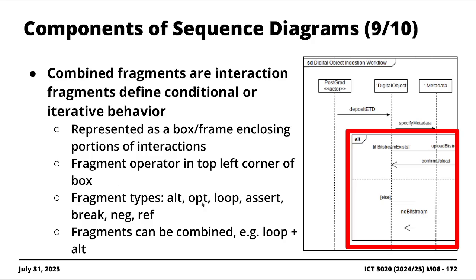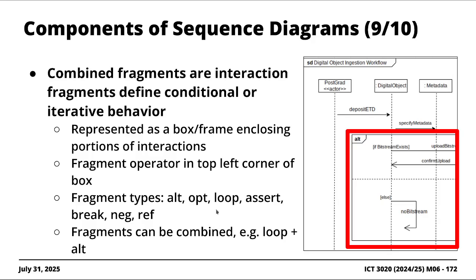Alternative, optional, opt. Syntax is important. Alt is short for alternative, if else. Opt is optional, where you have, if the condition is true, you do this, else it's false or something like that. You can use option, opt.